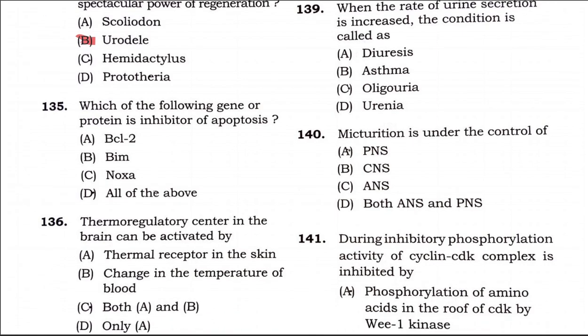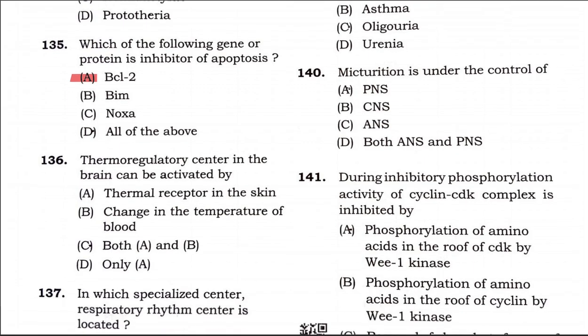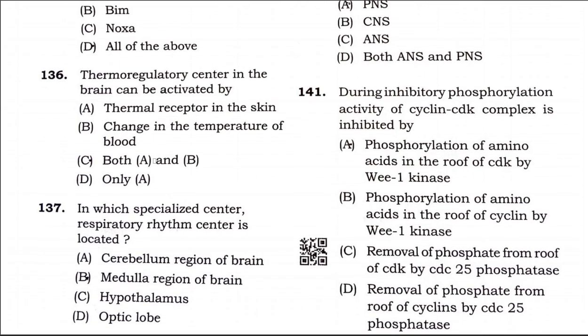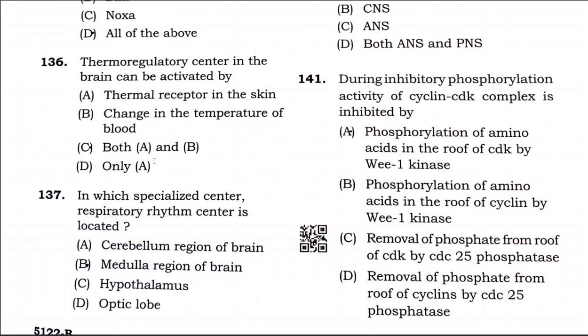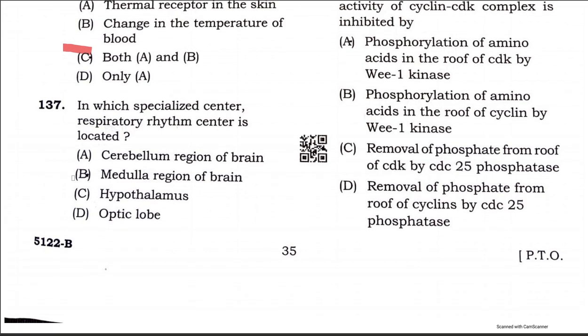Which of the following genes or proteins is the inhibitor of apoptosis? So BCL2 is the inhibitor of apoptosis. Bim and Noxa increase the apoptosis. Thermoregulatory center in the brain can be activated by both temperature in the skin and temperature of the blood. In which specialized center is the respiratory rhythm center located?